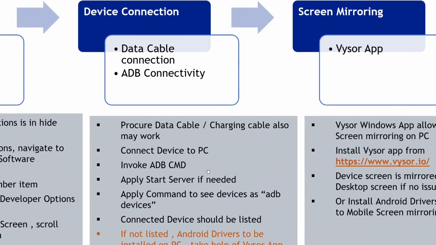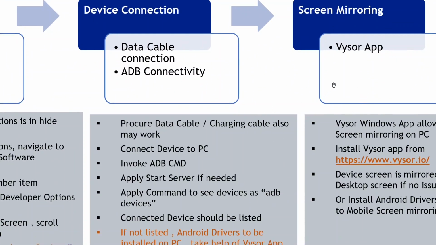So the Vysor app is another utility that I'm going to show. They also provide the drivers required for the Android device, so that you can install them, and your device will be detected and mirrored on the Vysor app. I will show you the configuration and all that.